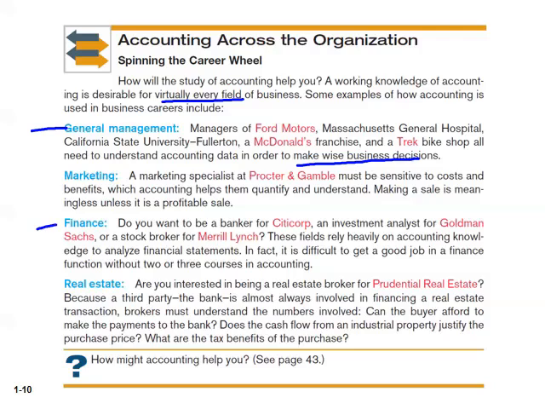If you're in finance, you need to know how you are going to raise money and how you can pay the bills, etc. So various different fields all rely on accounting. Accounting is sometimes called the language of business because you can't understand business without understanding accounting. Accounting crosses all disciplines within the field of business.